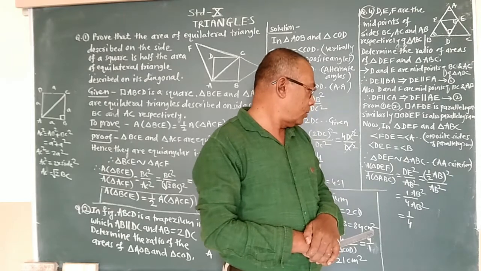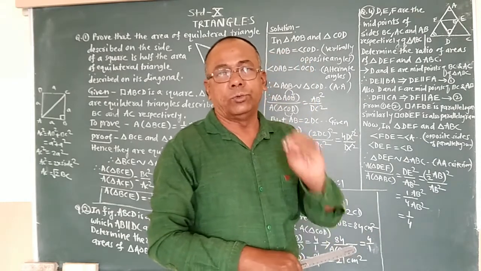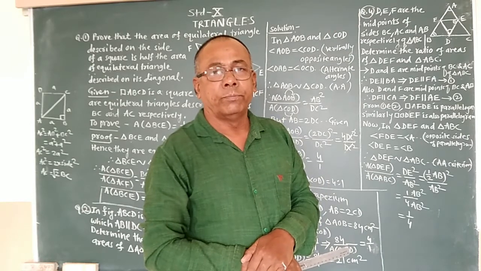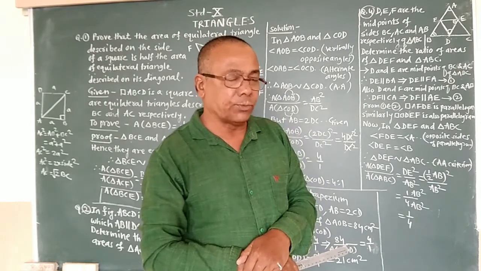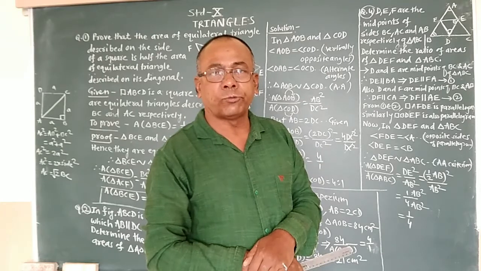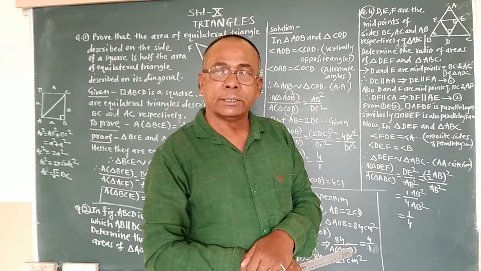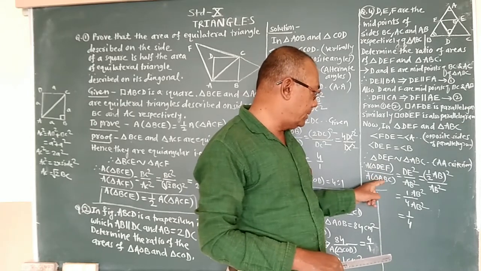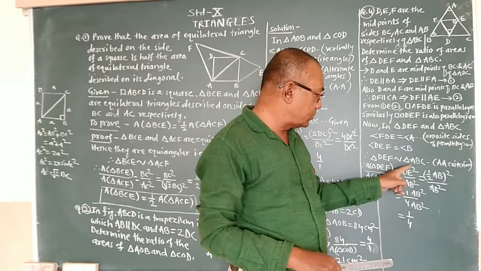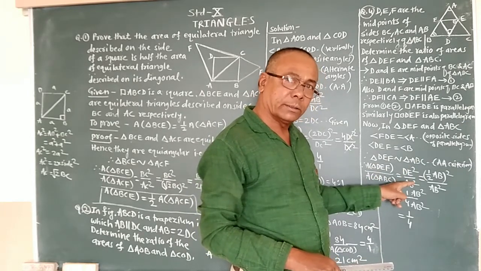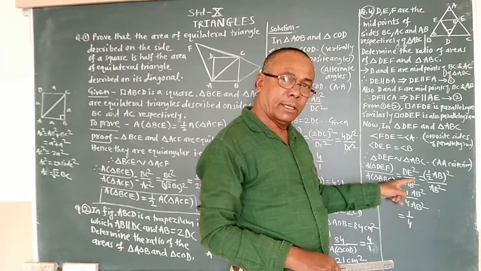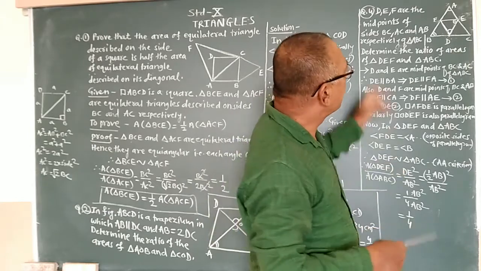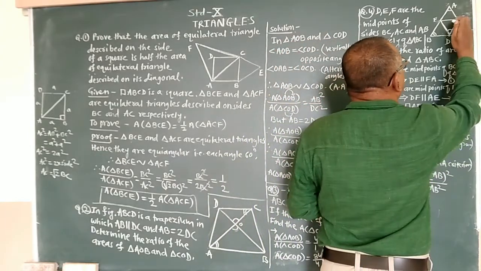And now we know that if two triangles are similar, then the ratio of areas of the two triangles is equal to the ratio of the squares of the corresponding sides, and therefore area of triangle DEF upon area of triangle ABC equals DE square upon AB square. We have to find the value of DE.